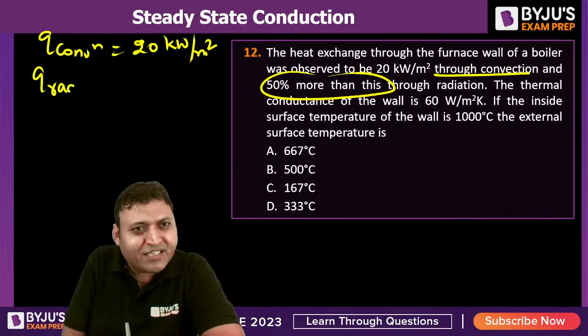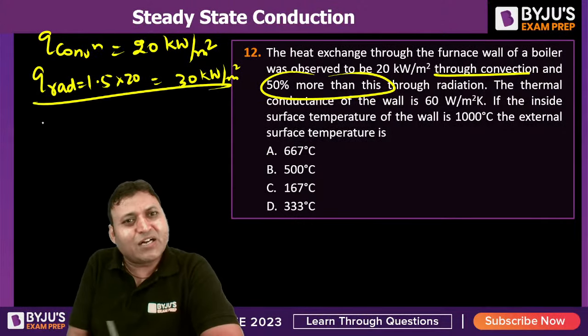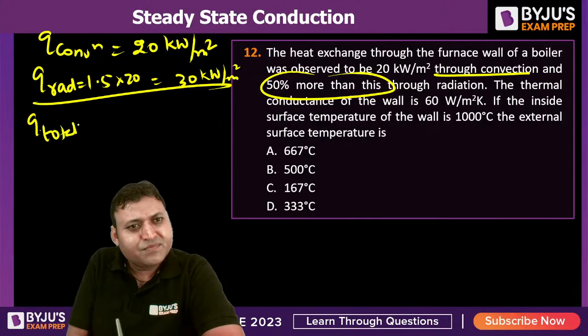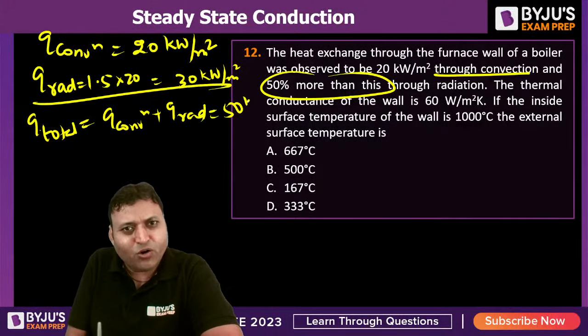So Q radiation is equal to 1.5 times 20, that is 30 kilowatt per meter square. So there is a combined mode of heat transfer. What is the total rate of heat transfer? That is Q convection plus Q radiation, 30 plus 20, 50 kilowatt per meter square.